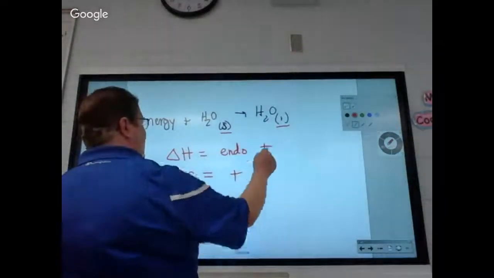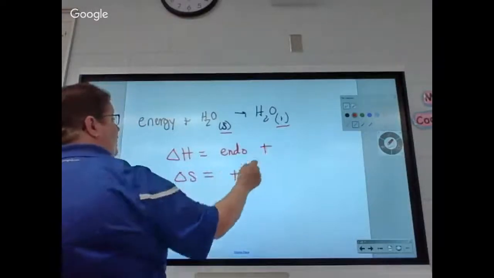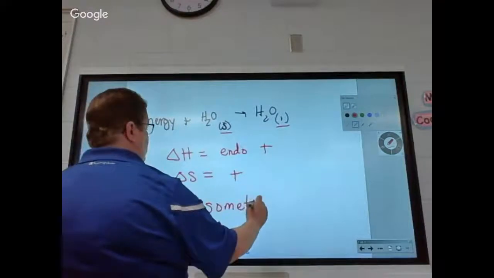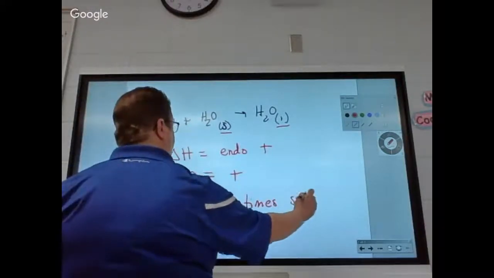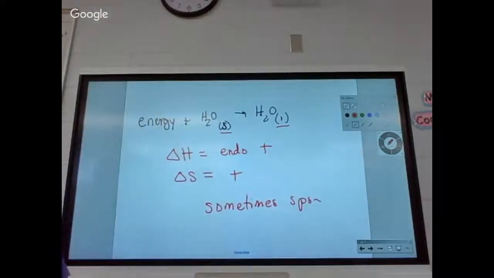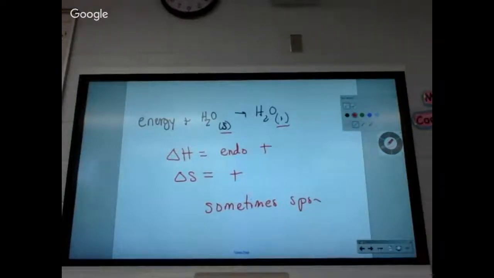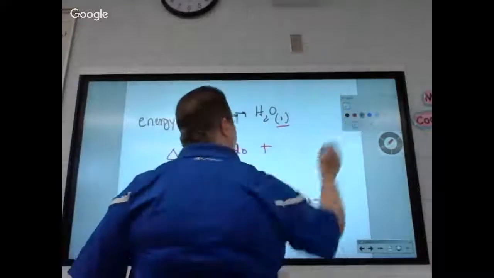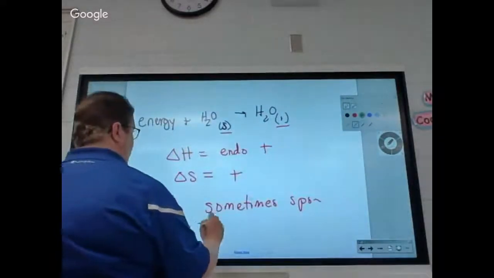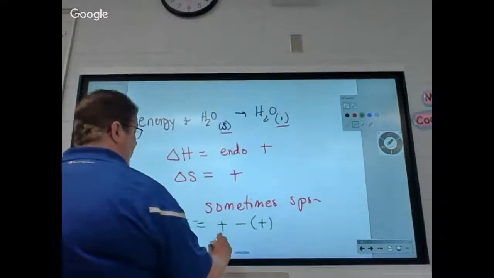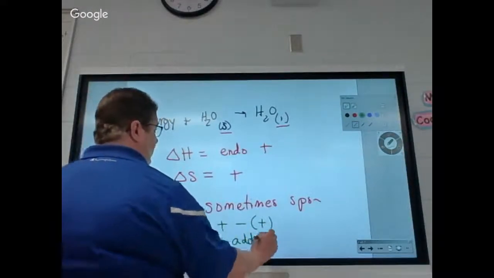Anytime they have the same signs, both negative or both positive, they're sometimes spontaneous, because you would need the numbers. You won't be able to tell whether they're positive or negative unless you have the temperature. What you're going to wind up with is a positive, subtract a positive, and you're going to wind up with a positive added to a negative.